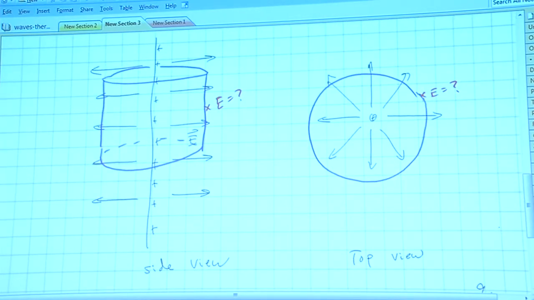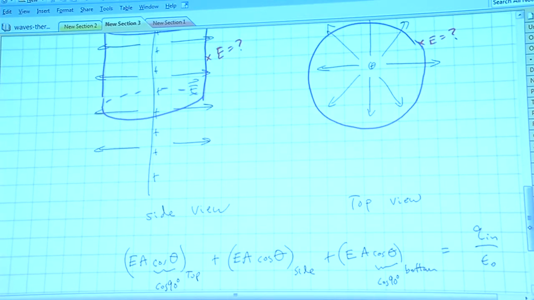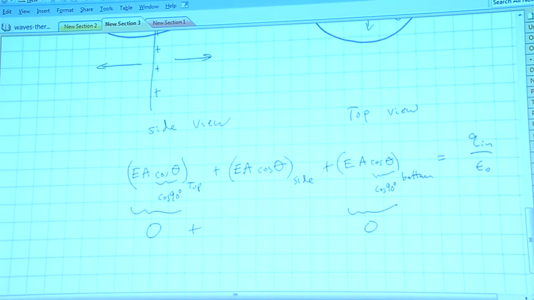Now for the sides, the electric field is constant everywhere. We need the area of the sides, and we have a cosine of 0 degrees, because the electric field is normal to the surface, and that's the angle we're looking for, right?